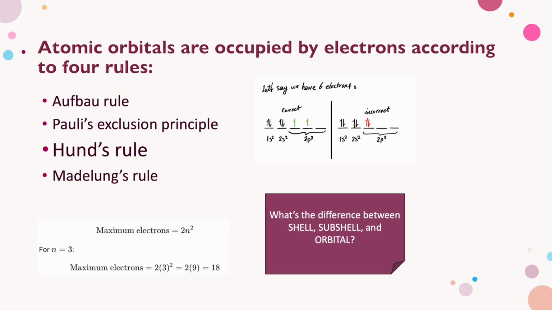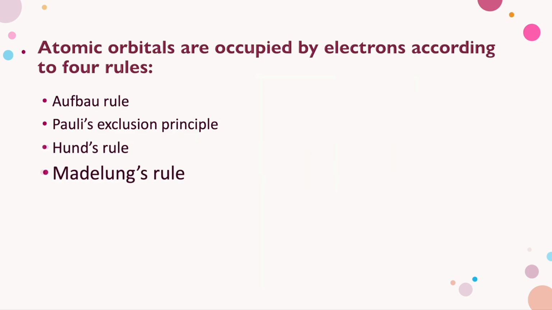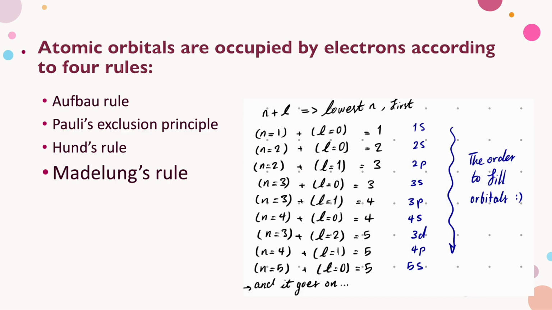Okay? Moving back to the last rule that we want to talk about, which is Madelung's rule. It states that orbitals fill with electrons in order of increasing n plus L value, so the sum of the principal and subsidiary quantum numbers. Okay, look at this.